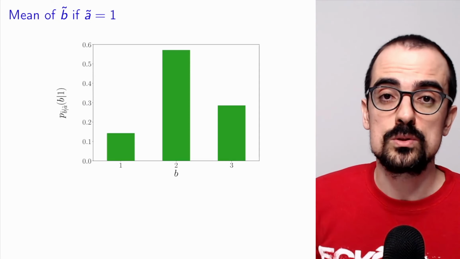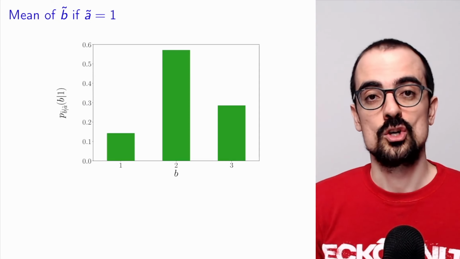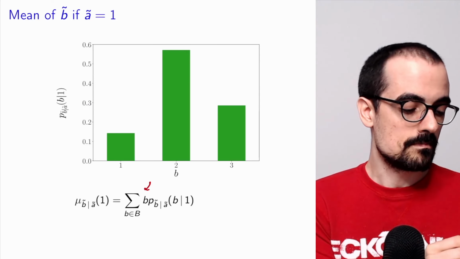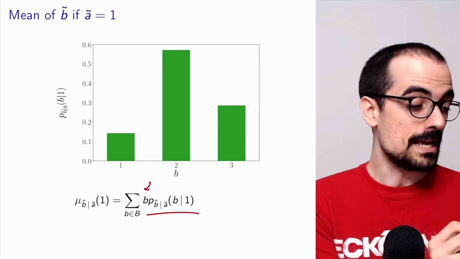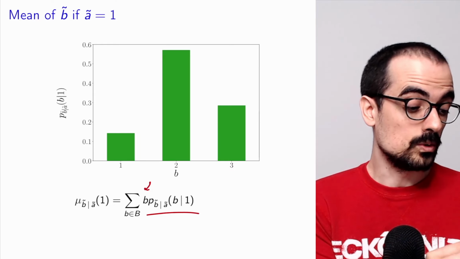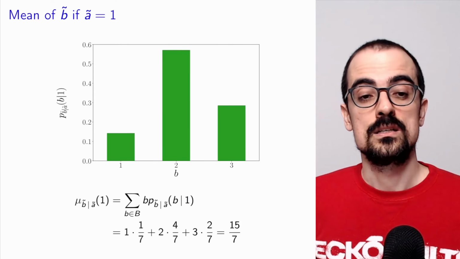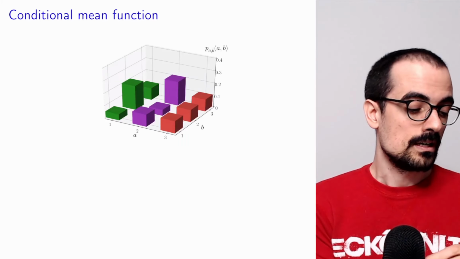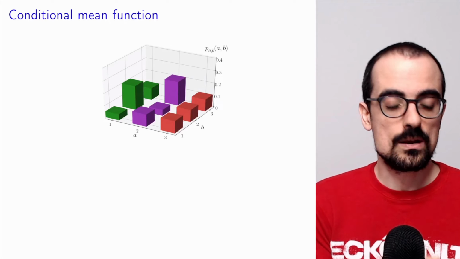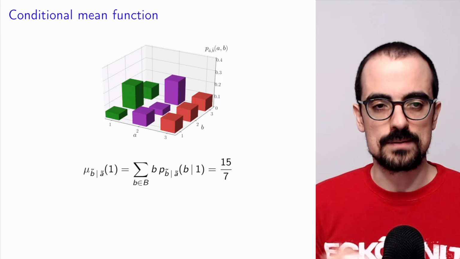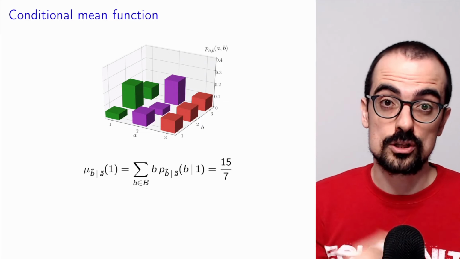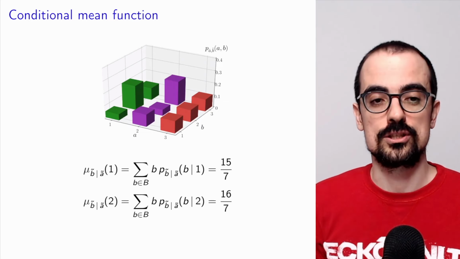And now we just compute the conditional mean using that conditional PMF, where we sum over all the possible values of b multiplied by the conditional PMF when a is equal to 1. In this case, that is equal to 15 divided by 7. And as I said, if we condition on a equal to 1, then we obtain a certain value, 15 divided by 7. If we condition on a equal to 2, we have a different conditional PMF and hence a different conditional mean.